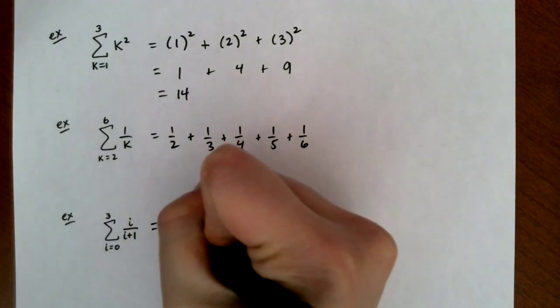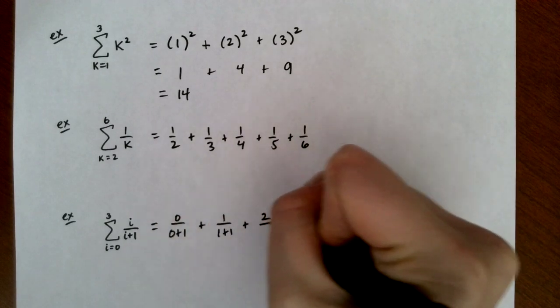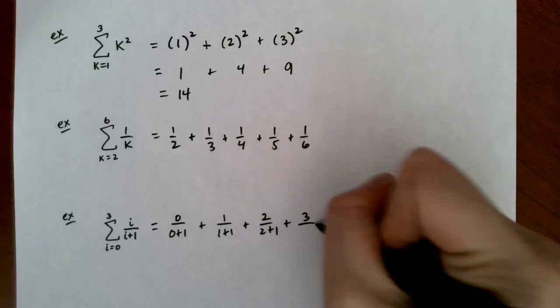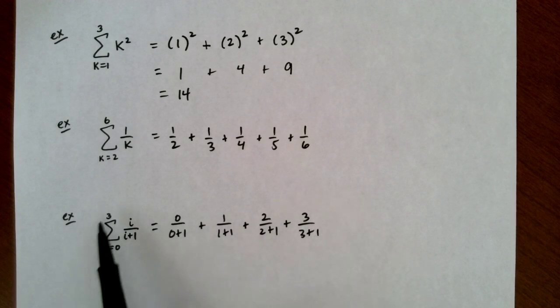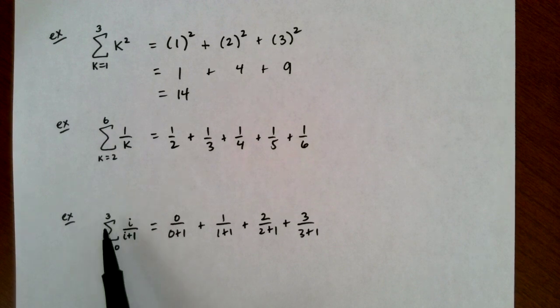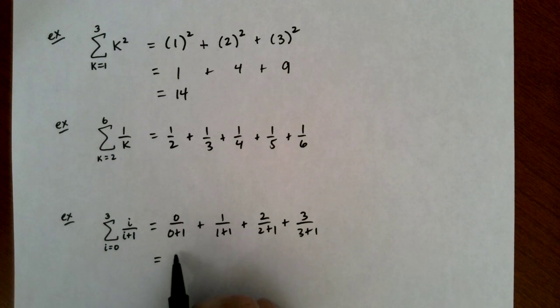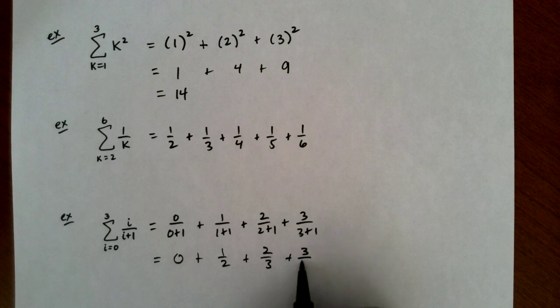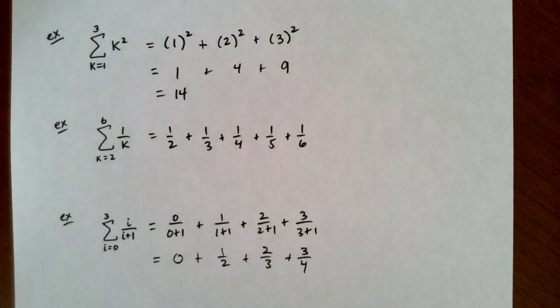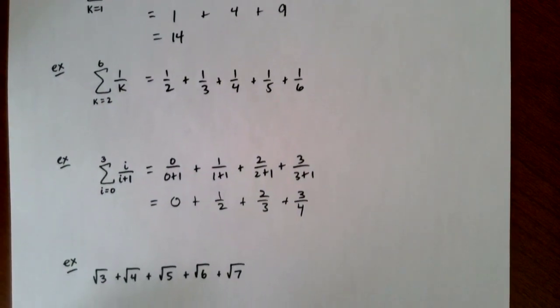So I plug in 0 first, then I plug in 1, then 2, then 3, for i in the formula. And again, I stop at the term with i equals 3 in it, because 3 is the top number up here. So that tells me this is the last term. So on my way to computing, this would be 0 plus 1/2 plus 2/3 plus 3/4. And again, I'm going to leave it here. We're more concerned with what the summation symbol means than the actual computation.